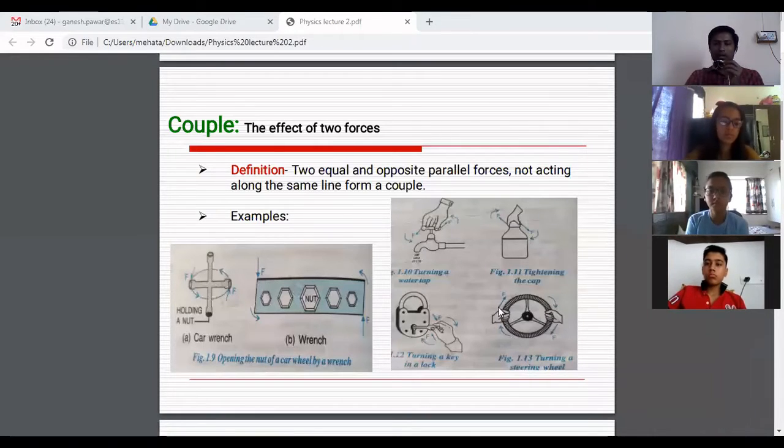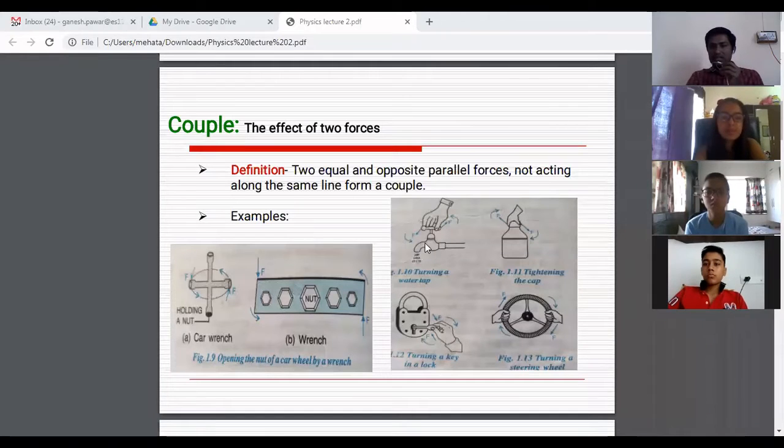All right. Now you can see the examples here. Turning a water tap, then tightening the cap of the blue ink, then turning a key in a lock or turning a steering wheel. In all examples here, we have to consider the effect of two forces.